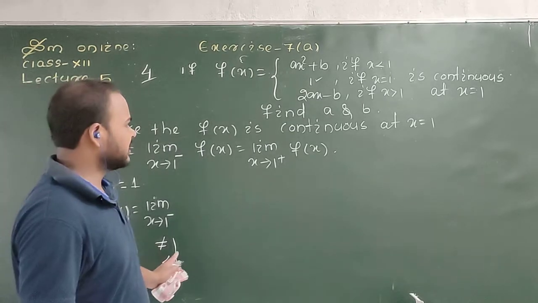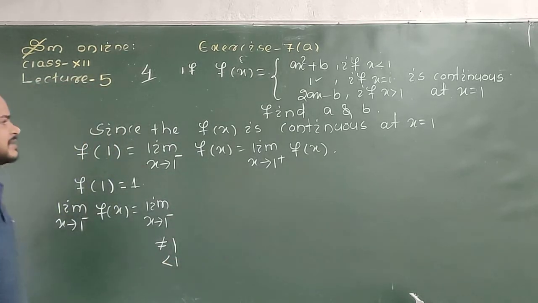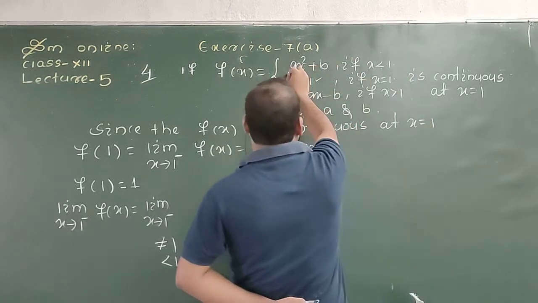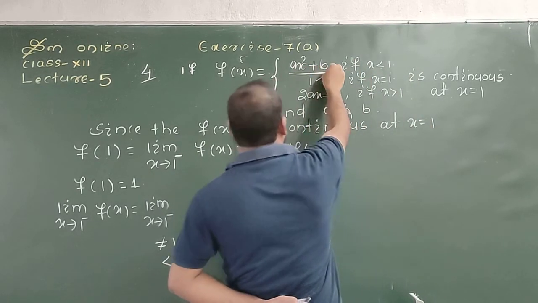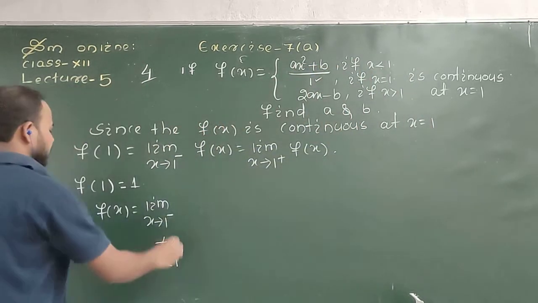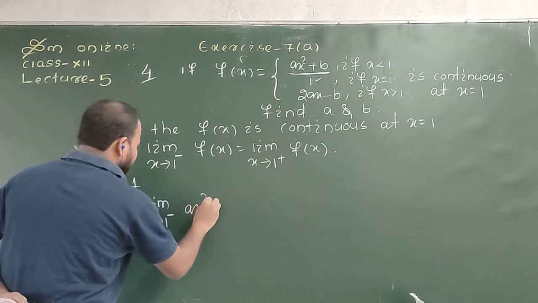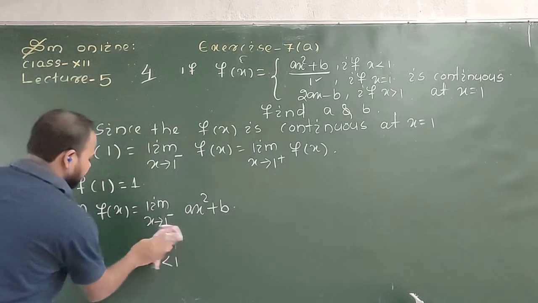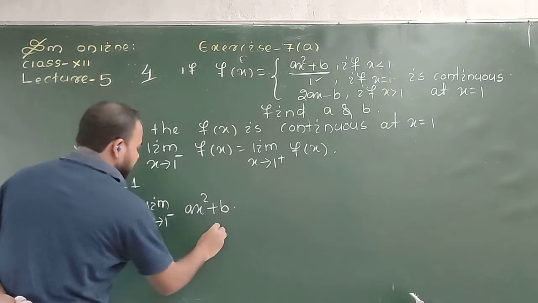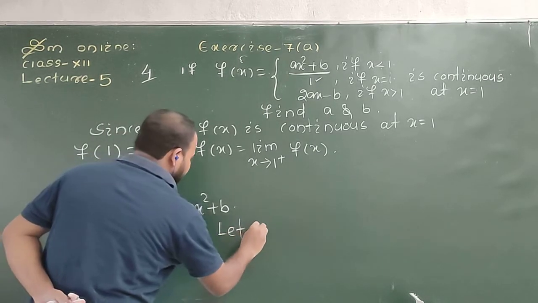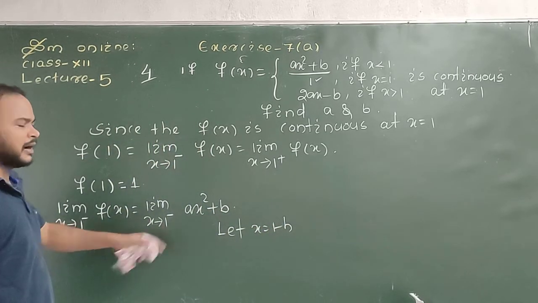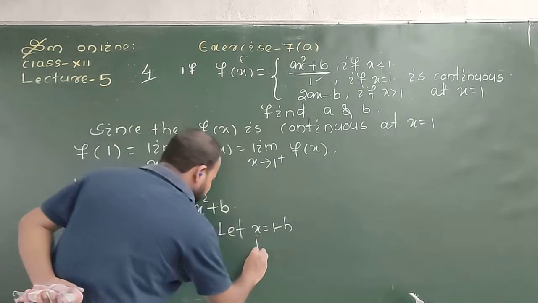The condition is x is less than 1, so our function is ax square plus b. Okay, ax square plus b. Now let x equal to 1 minus h and change the limit: h tends to 0.